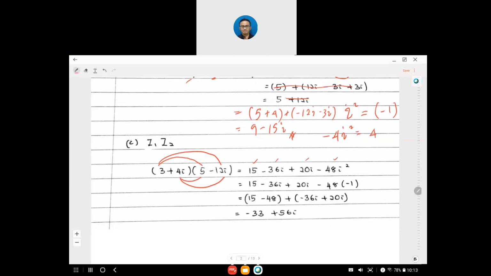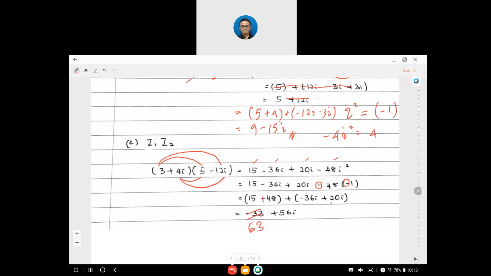Okay, this one i square becomes negative 1. So 15 minus 48, no, it becomes plus, because negative and negative here, so this one becomes plus. Okay, so 15 plus 48, that is 63.